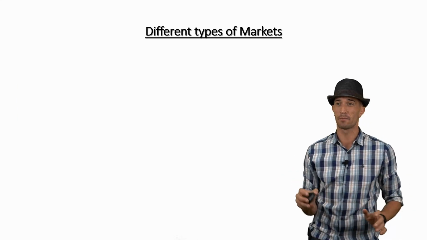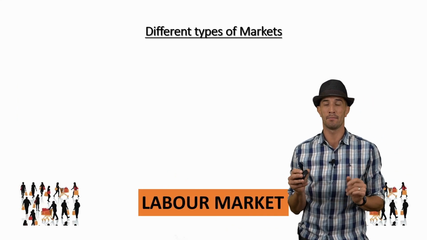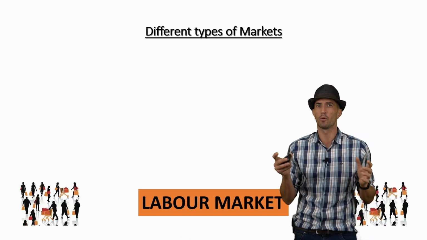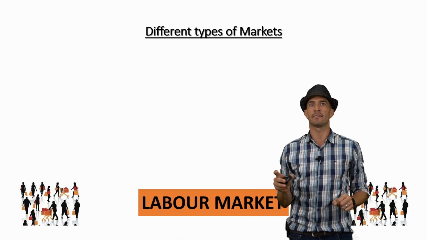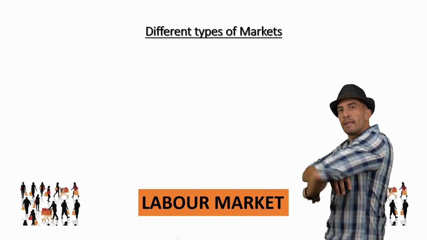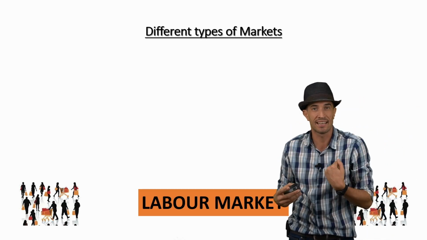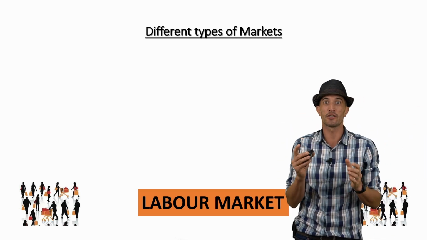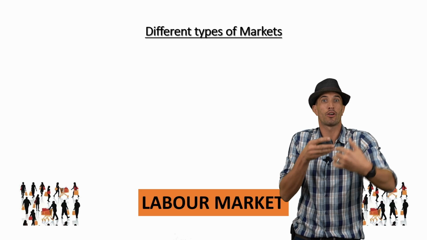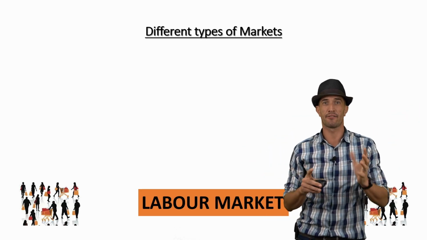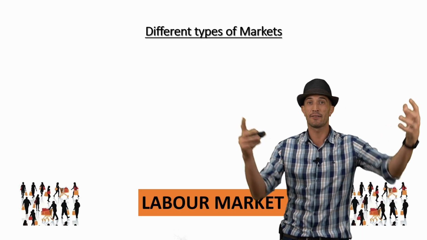The other factor market is our labor market. Again, this must be an abstract place because we're not walking into the mall and there's not a shop where we sit and wait for someone to come and hire us, correct? There's not a lot of buyers and sellers. But this market refers to where there's employment, where there's a contract that takes place. We have a lot of businesses in South Africa, for example Labor Corps, where it's a physical place.